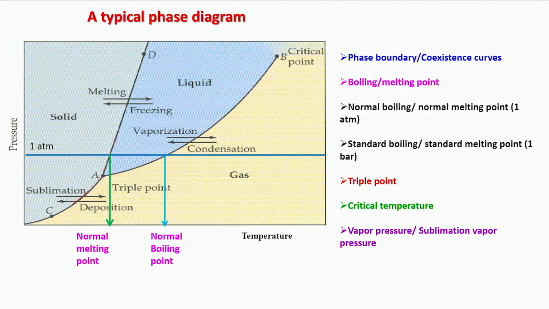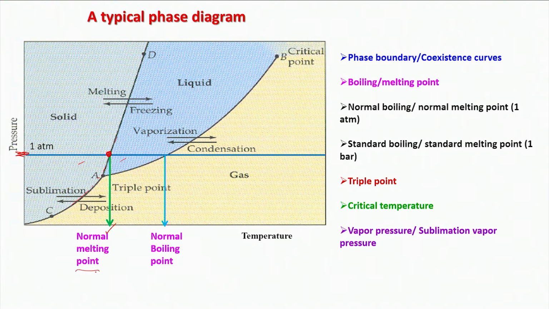Now, if I look at the normal atmospheric pressure, then I find that this is the temperature at which the system is going to have a phase equilibrium between the solid phase and the liquid phase, and therefore this is named as the normal melting point.